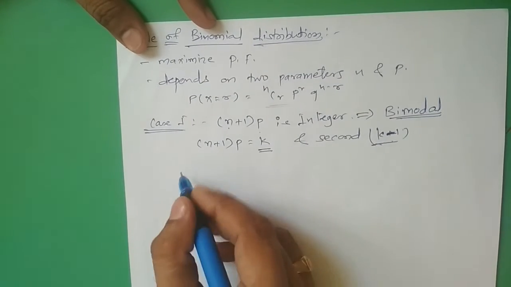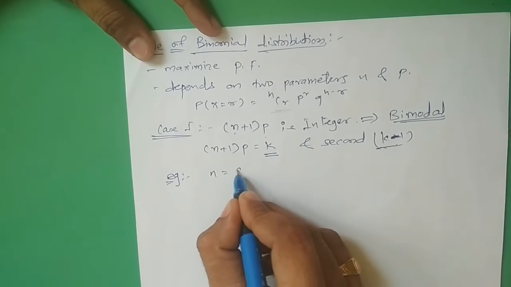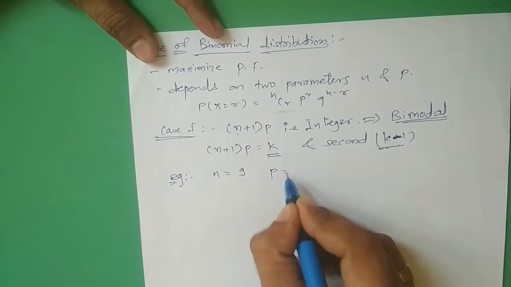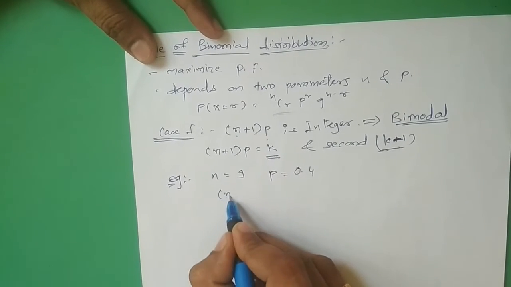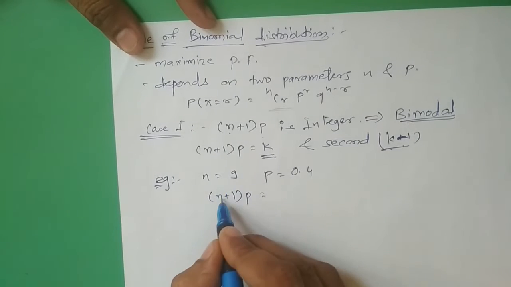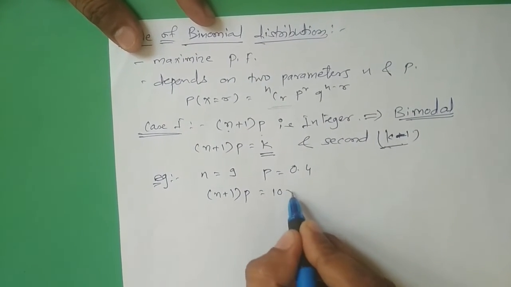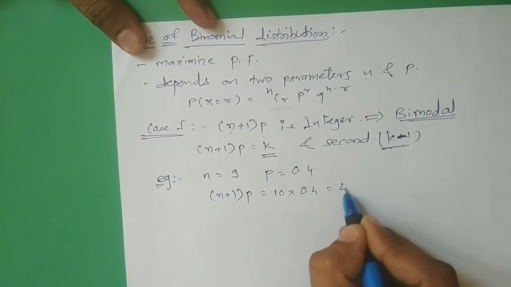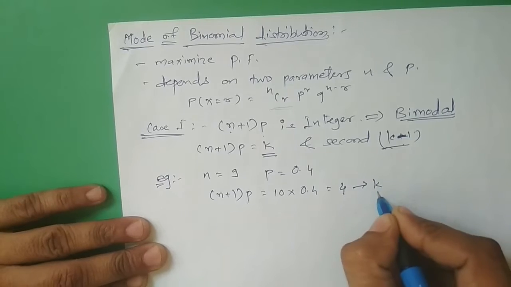Bimodal means it has two modes where we will get a maximum probability. Okay, so let's take an example, that suppose n is equal to 9 and p is equal to 0.4. So what is (n+1) into p? 9 plus 1 is equal to 10, into 0.4, which is equal to 4. So this is our k value.